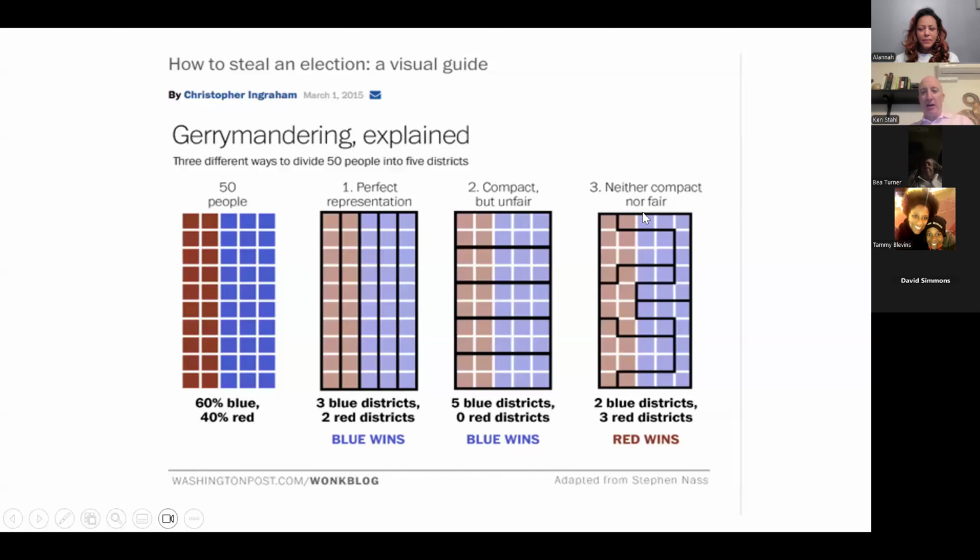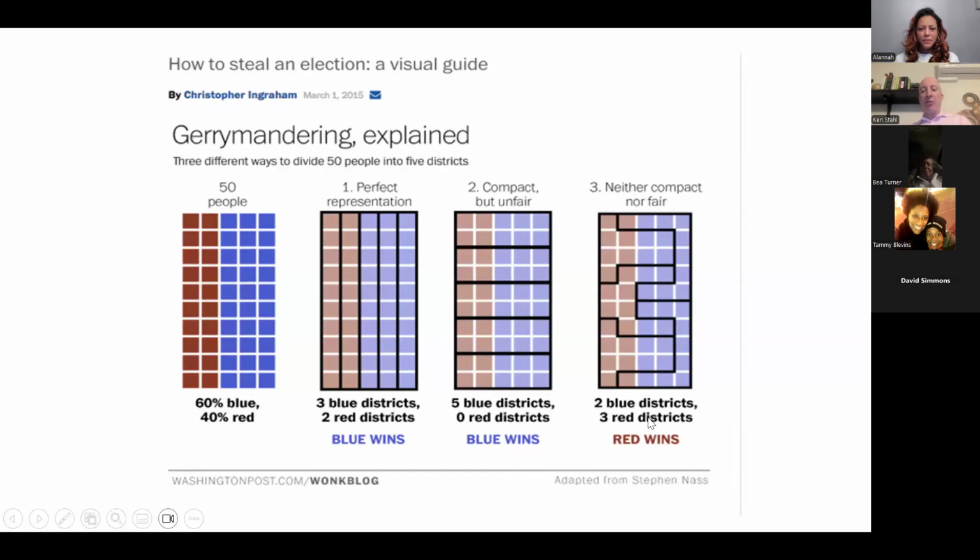Right, there's a couple of tactics that would often be used. One is what's called packing, and we can see this in the graphic I showed you earlier. Let's see if I can put this back up here. If you look at the third slide, number three, neither compact nor fair.